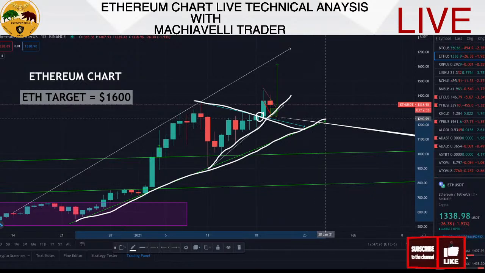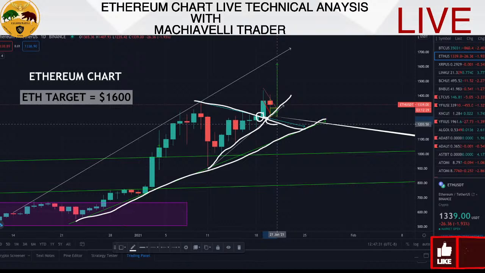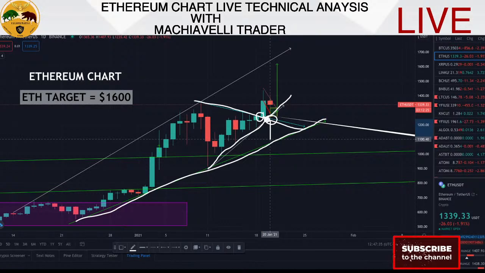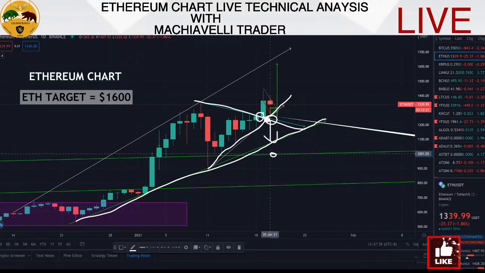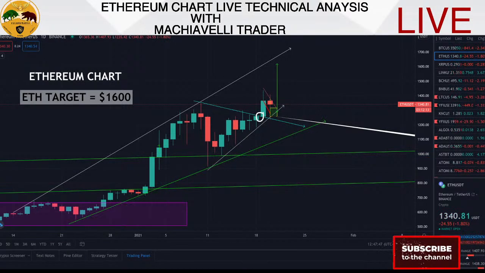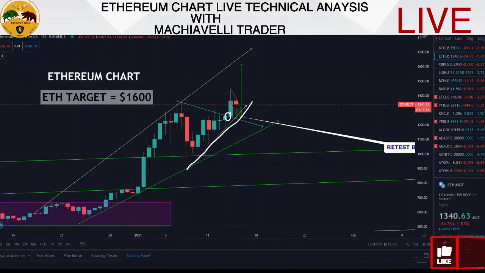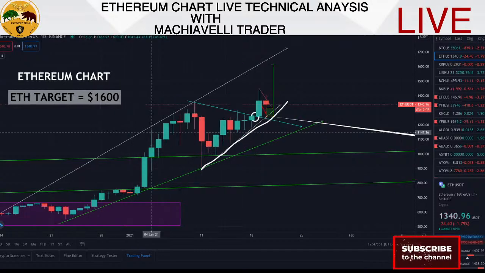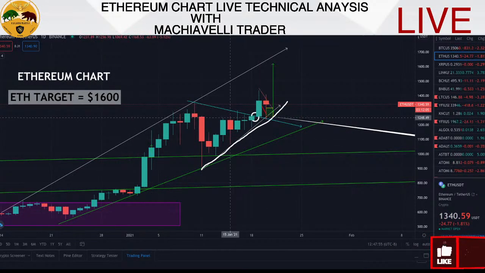Even if it breaks this previous resistance now acting as support, there is another support just below it and yet another support below the support. So you see supports stacked on each other, making price very bullish and the bull pressure very strong on the upside.